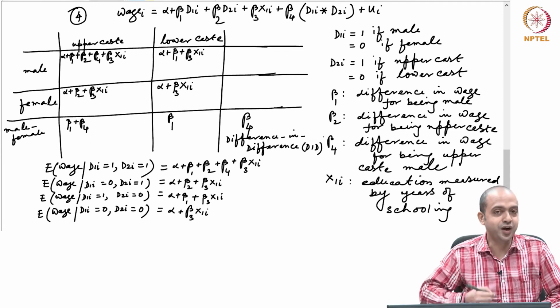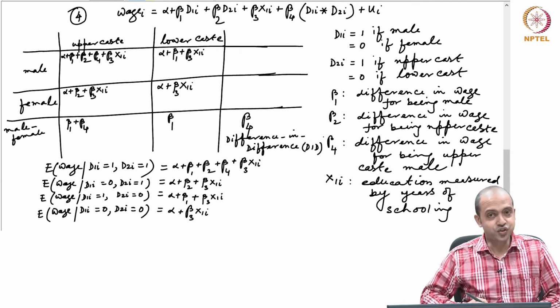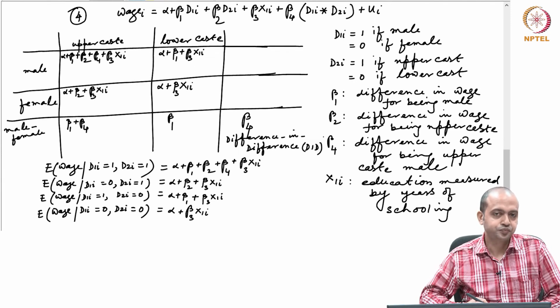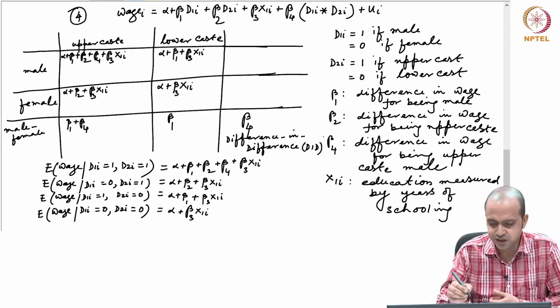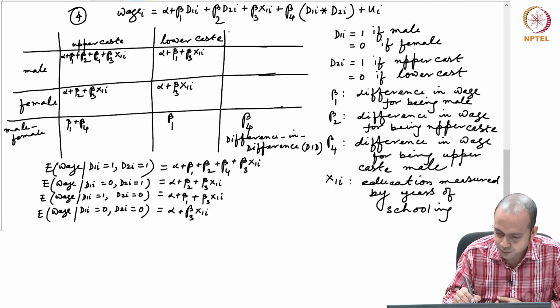Similarly, if you want to understand the caste difference between male and female, we hypothesize there is a caste difference for male and a caste difference for female, and then we can test whether the caste difference is significantly higher for male than for their female counterpart. This is because your upper minus lower.